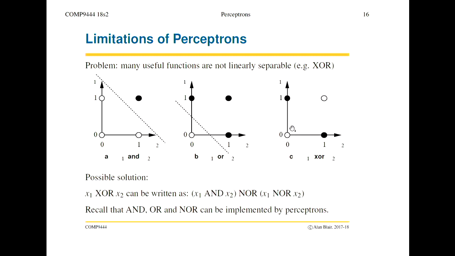There are several ways to logically break this down, but one way is to say, I don't want this and I don't want this. So I can compute x1 and x2, and I can compute x1 nor x2, and then I say I want neither this nor this.